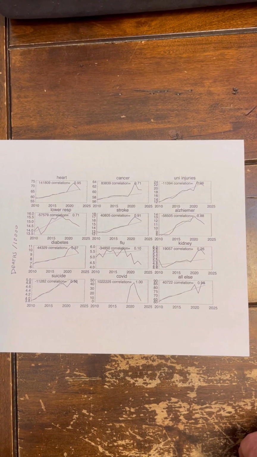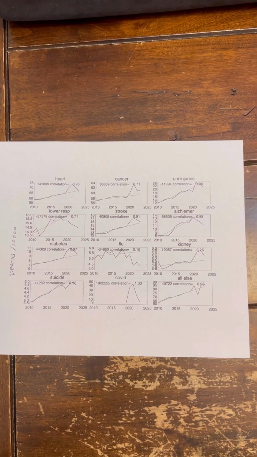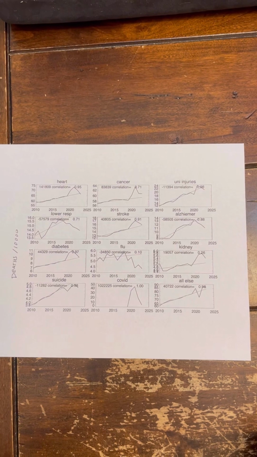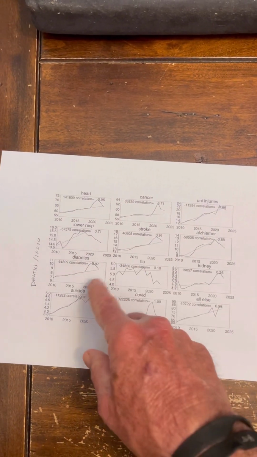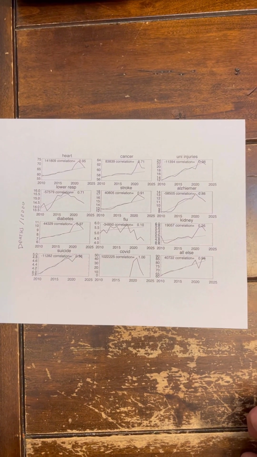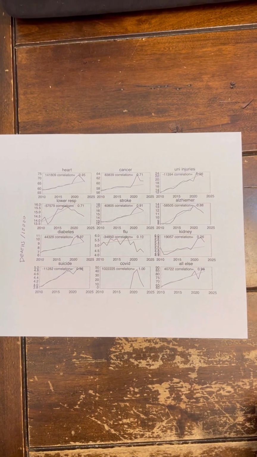So you can see that for heart disease and stroke and diabetes, the correlation is pretty good. So we can be pretty confident that as you see these spikes up here and here and here, this was probably a result of lockdown policies.